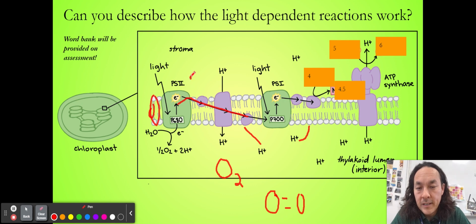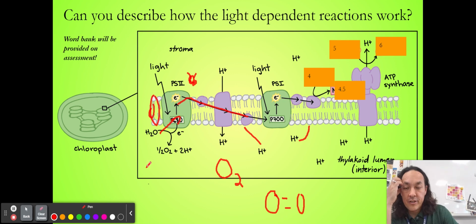It can't just go anywhere. The electron can't go out here. No. It follows this chain. The electron from chlorophyll must immediately be replaced. And the way it's replaced is through an enzyme that promotes the photolysis or the splitting of water.